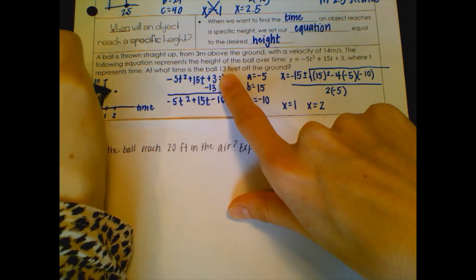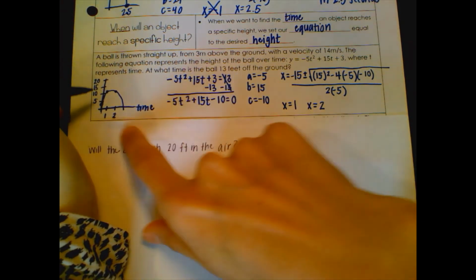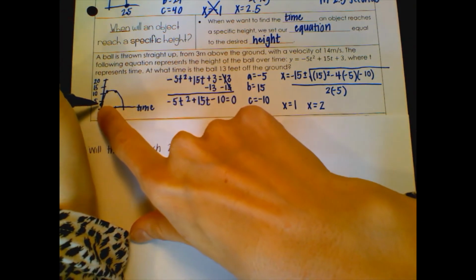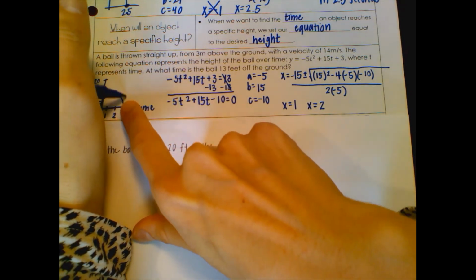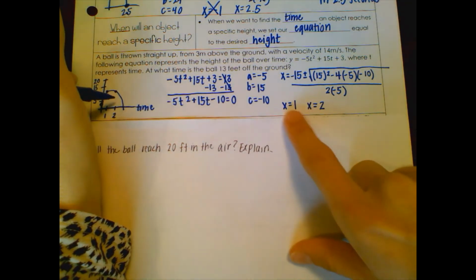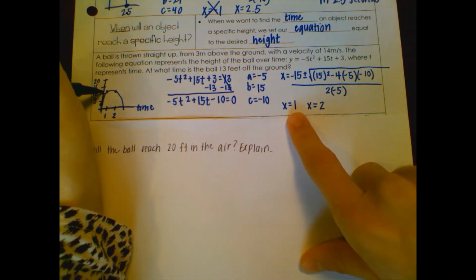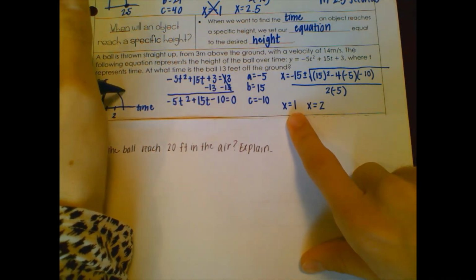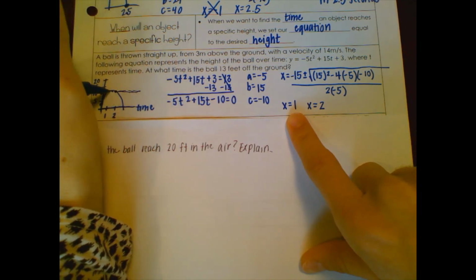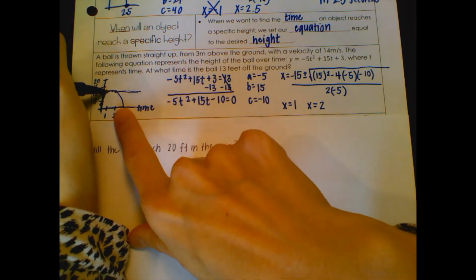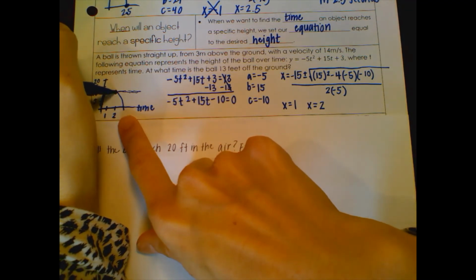So would that make sense? Absolutely. So there's my quadratic. It's thrown from here. Now it can reach at both of these solutions, so I don't have to reject one this time because here's my 13 feet and it's reaching it at 1 second and at 2 seconds. So on the way up and then on the way down.